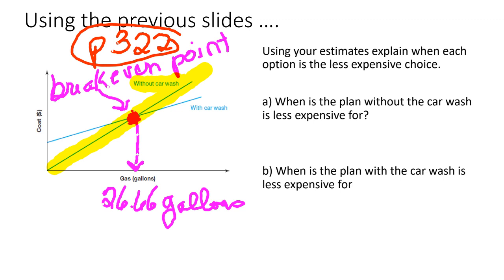Now it's reading this graph because it is asking you in A, when is the plan without the car wash, which is the yellow line, less expensive?